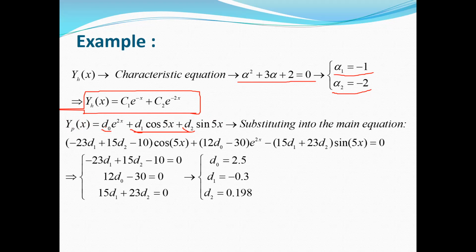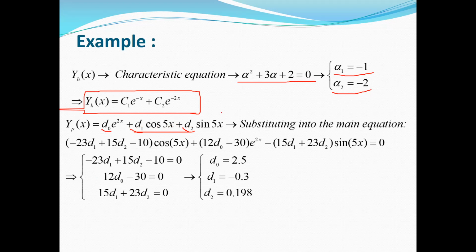As you can see, the second derivative with respect to x for the first exponential term is equal to 4 times d naught times exponential 2x. The second derivative for the cosine function is equal to -25 times d1 times cosine 5x.